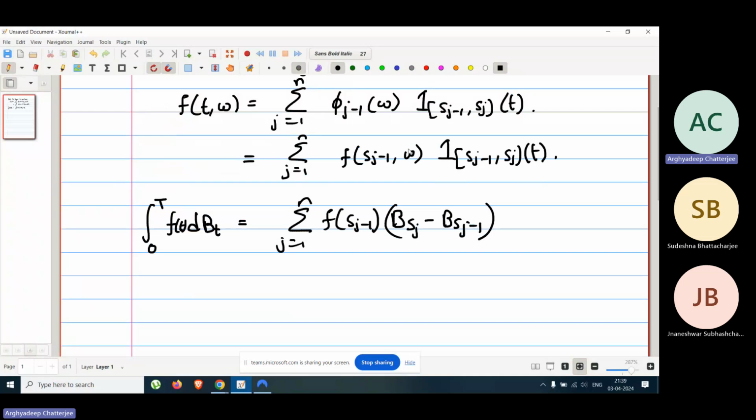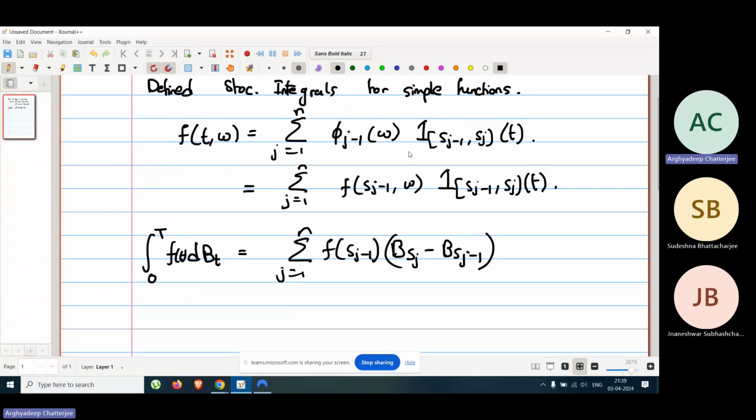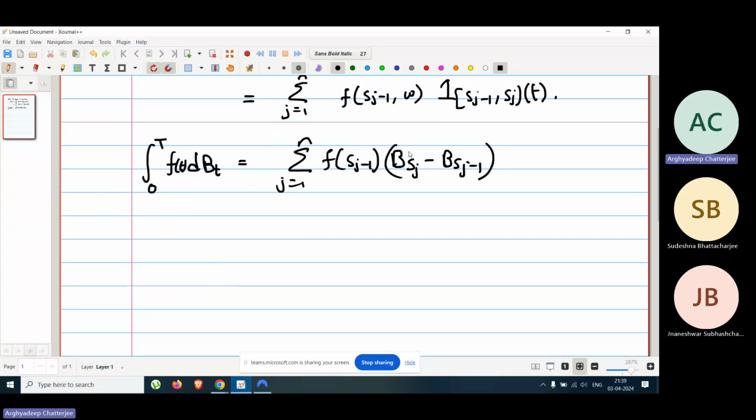So I have changed some notation from last class. B stands for Brownian motion. I'll just focus on Brownian motion for a while, but this holds true for general continuous L2 martingales M.